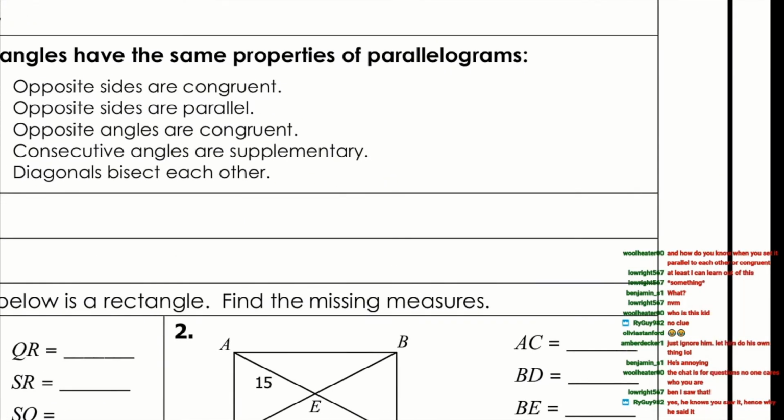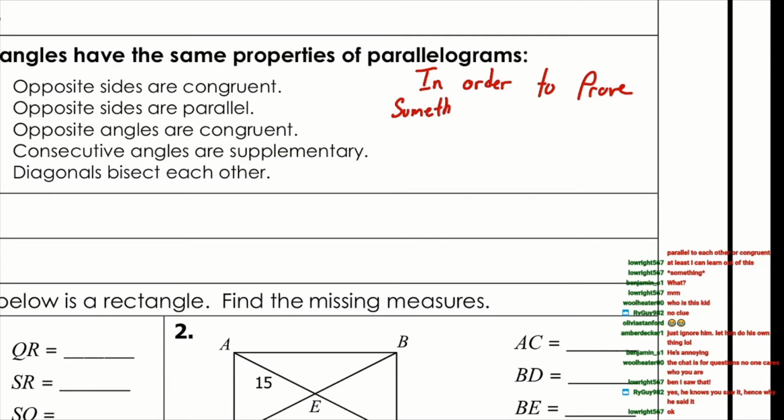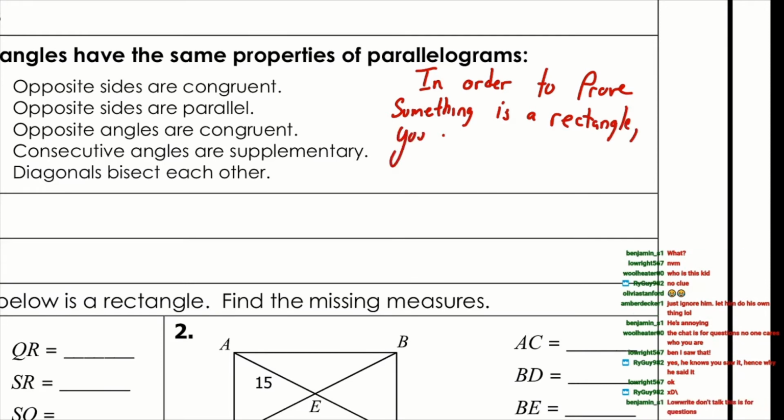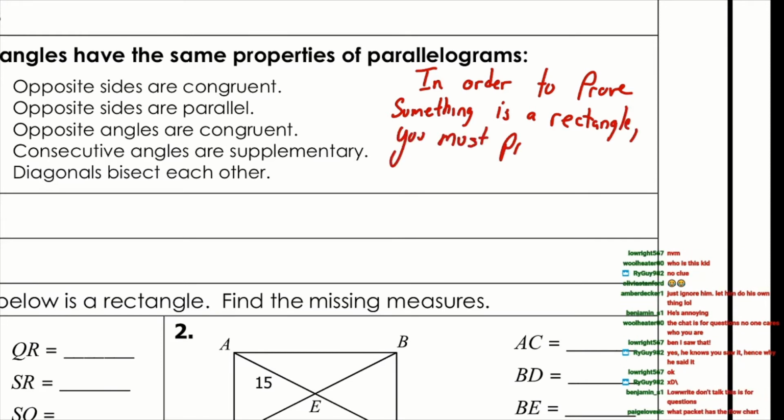I'm going to write that little note to the side: in order to prove something is a rectangle, you must first prove it's a parallelogram. This is going to be true with all of the shapes.